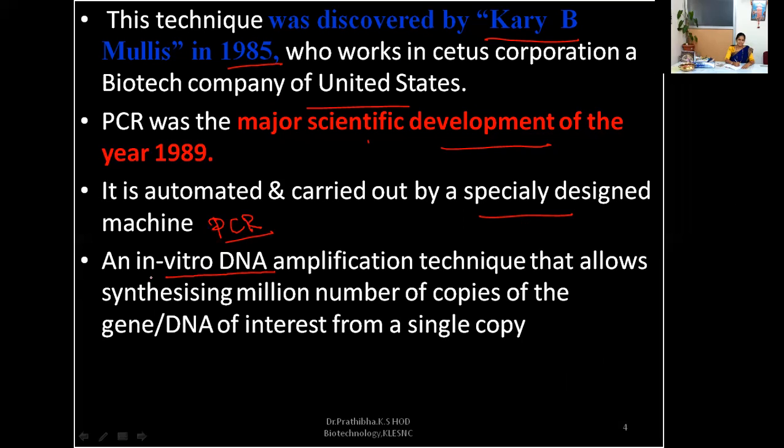So you can say this is an in vitro DNA amplification technique that allows synthesizing millions of copies of the gene or DNA of interest from a single copy, or from nanograms you can get more copies of the DNA molecule. Hope I'm making myself clear to you.